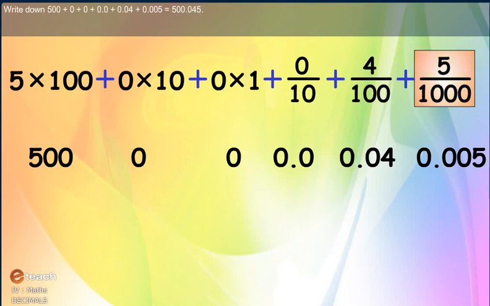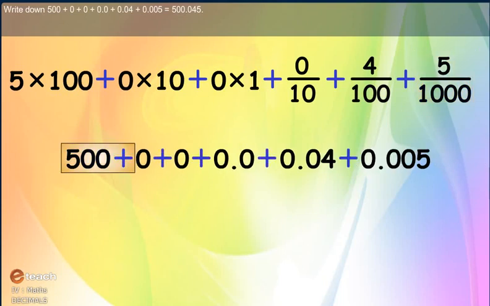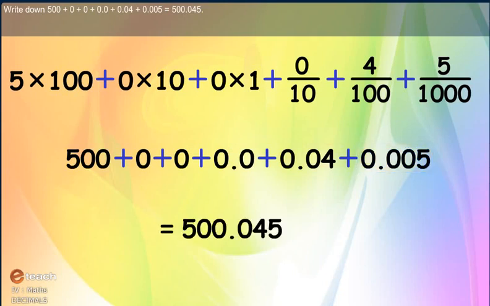Write down 500 plus 0 plus 0 plus 0.0 plus 0.04 plus 0.005 equals 500.045.